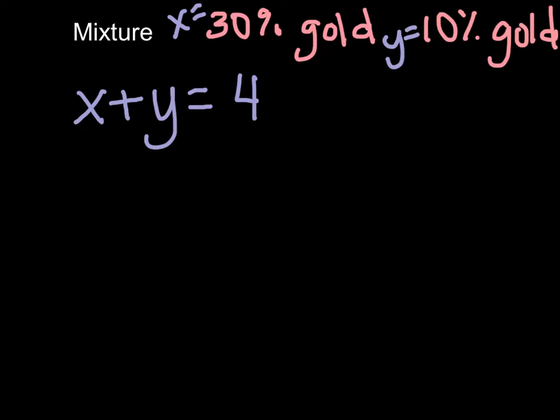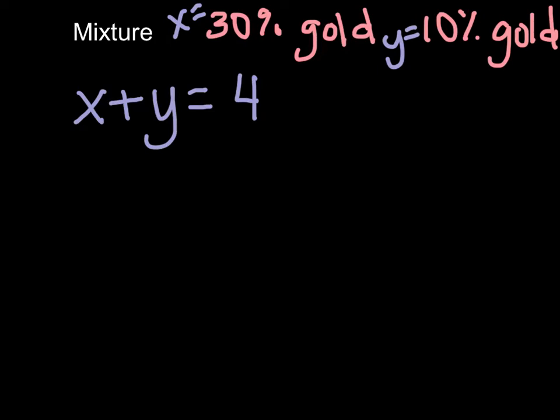Now, here is the slightly trickier part. Remember that you're going to melt these down and mix them together. So you need to know the density. So the first one is 30% gold. We don't really like to multiply or work with percents, but it's very easy to change percents to decimals.